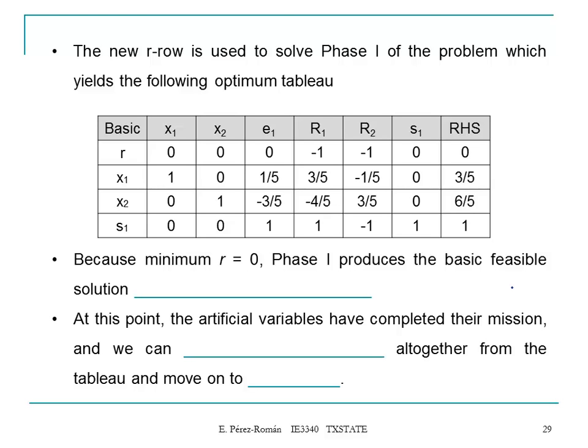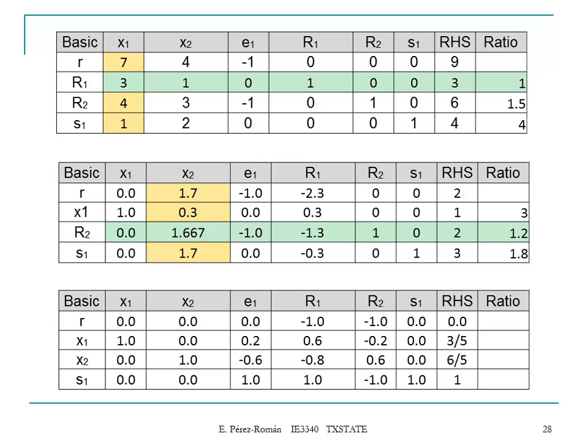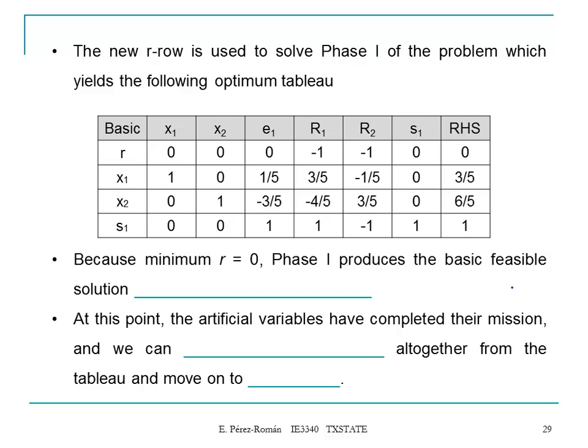Okay, so the new R row is used to solve for phase 1 of the problem. We use the optimal tableau. So this is the same tableau from here. Okay, so because R equals 0, phase 1 produces the basic feasible solution: x1 equals 3/5, x2 equals 6/5, and e1 equals 1. This is coming straight from the tableau.